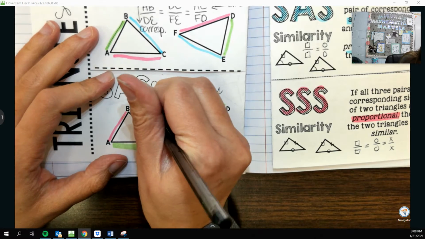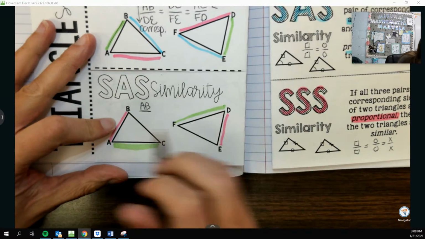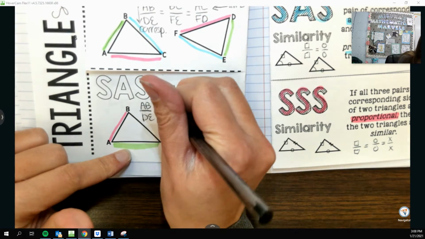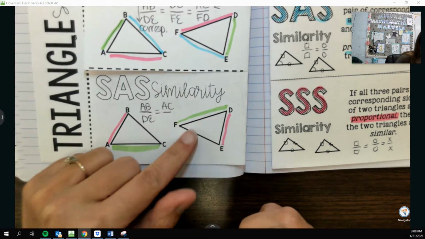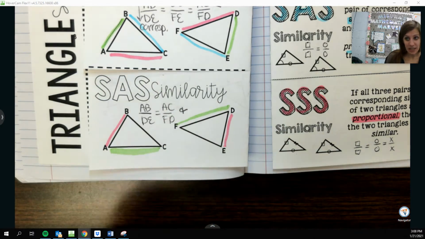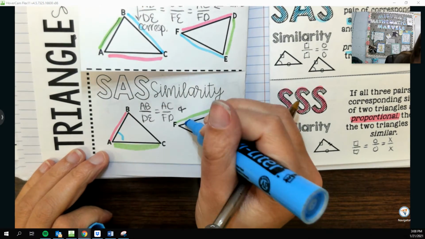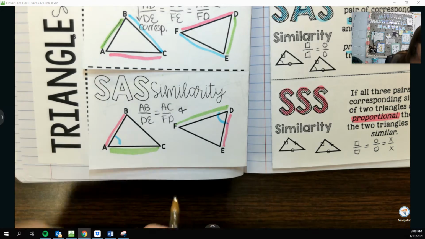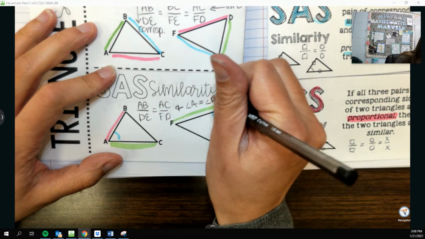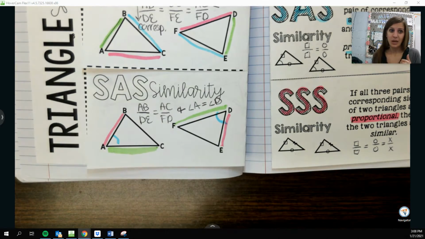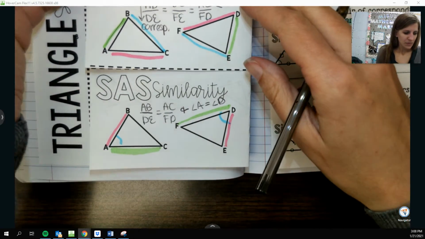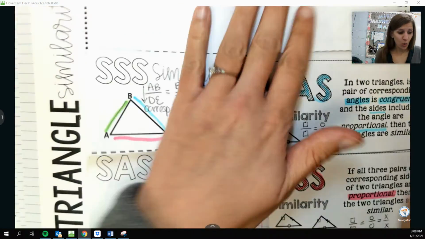So AB over DE is the same as AC over FD. And I also need that the angle in between is congruent. So angle A equals angle D. You need to have both. Proportion and equal.